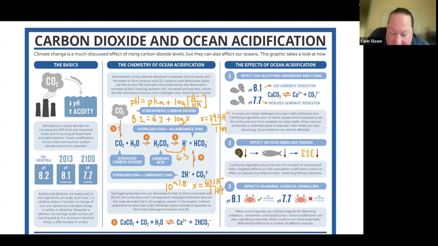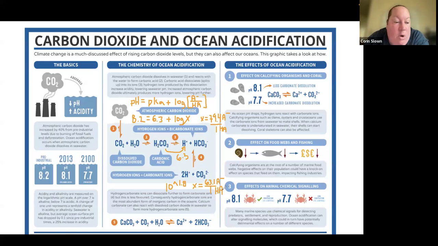And interestingly enough, there's also some emerging research that looks at chemical signaling. There are many marine species that use chemical signals, for example, for egg ventilation, which is the example that we're looking at here. And that could have a detrimental effect on reproduction rates.